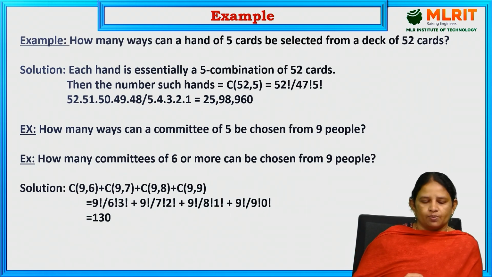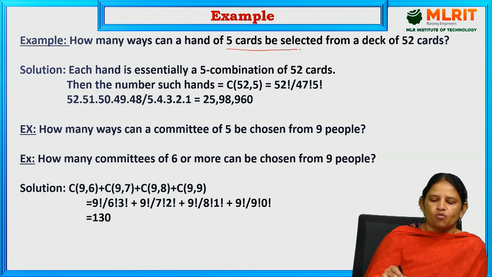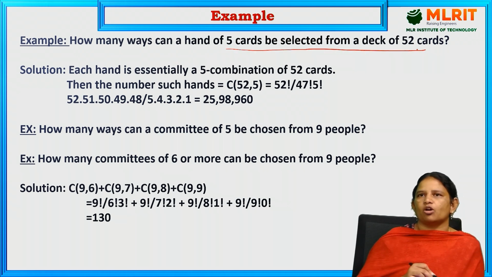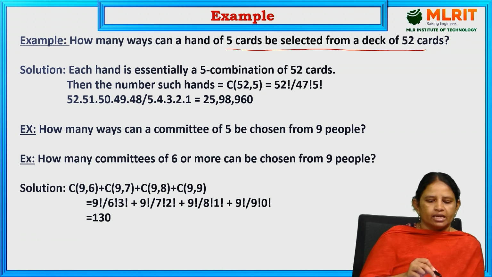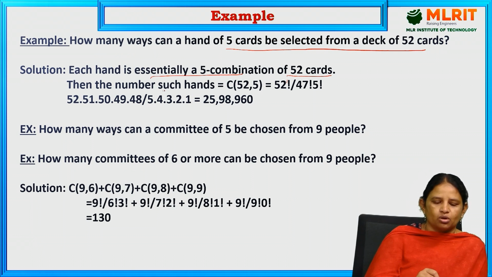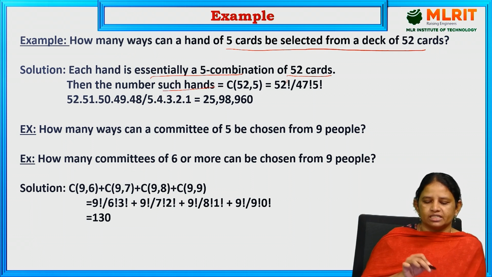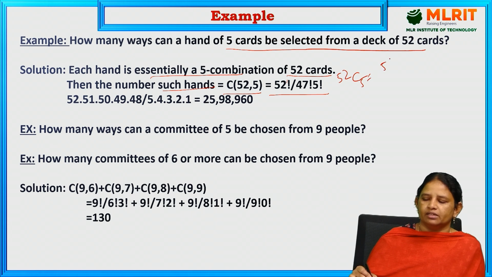Next, second example. In how many ways can a hand of 5 cards be selected from a deck of 52 cards? Each hand consists of 5 cards out of 52 cards. That is nothing but 52C5. 52C5 means 52 factorial by 52 minus 5, that is 47 factorial into 5 factorial.